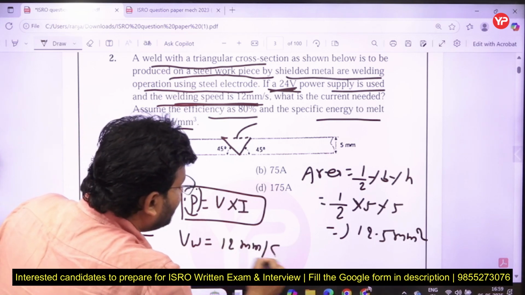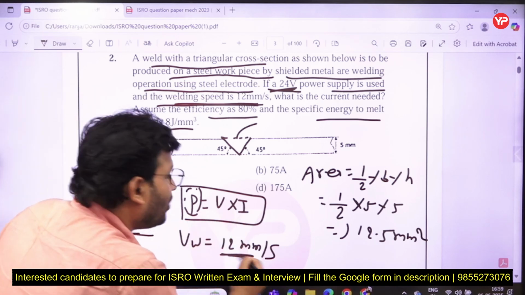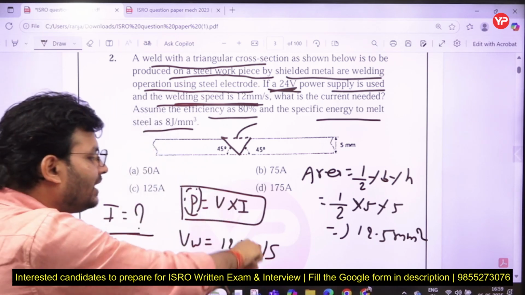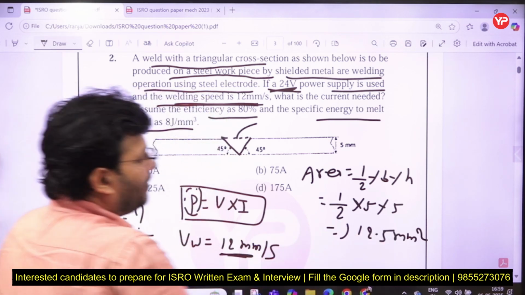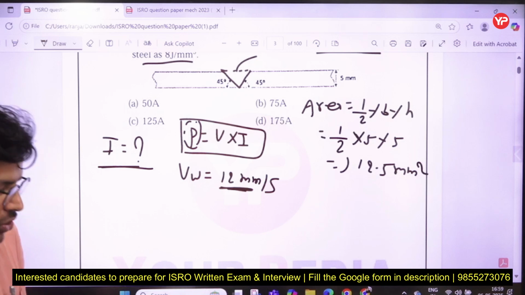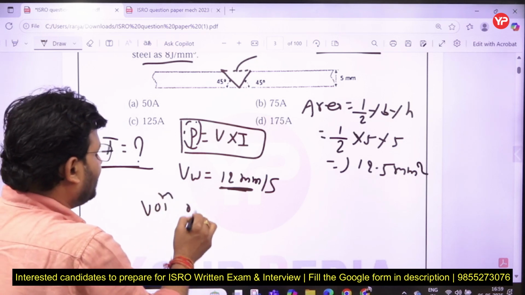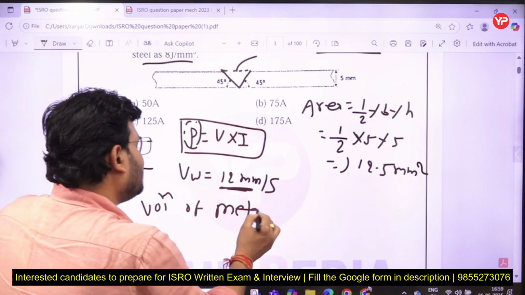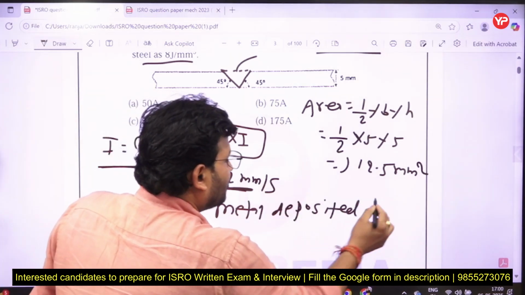Means in 1 second they weld 12 mm distance, and the area is 12.5 mm square. Now if I ask what will be the volume of metal deposited per second?